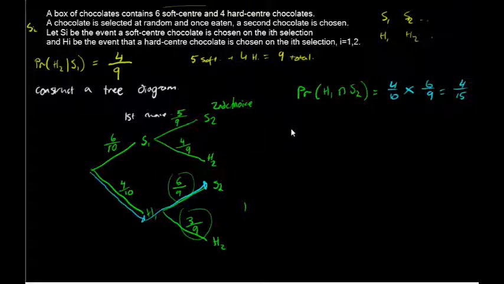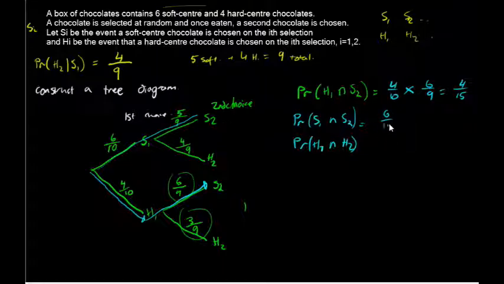And then looking at the probability that we get both soft centers or both hard centers. So probability of S1 and S2, selecting a soft and then another soft, and the probability of H1 and H2. So similar to before, there's only one way I can do S1, S2.